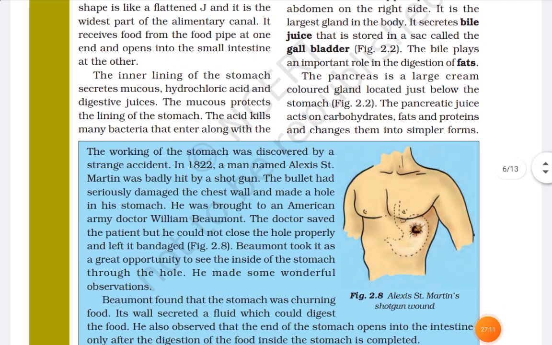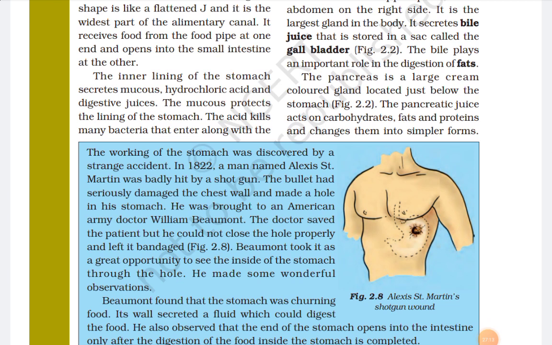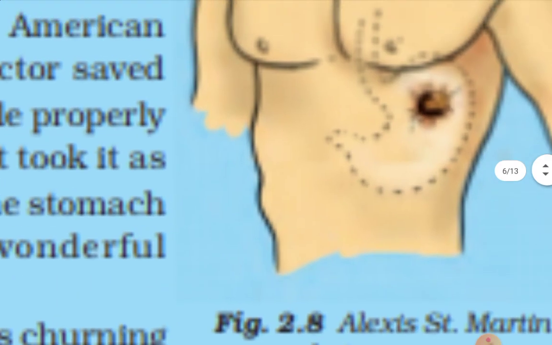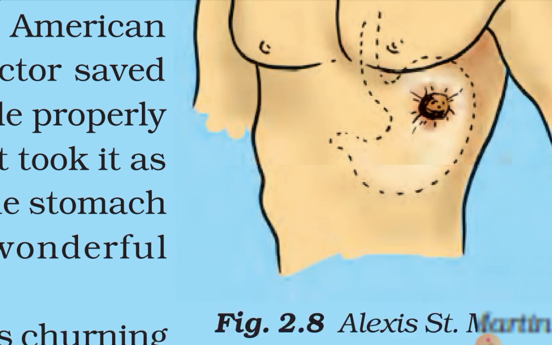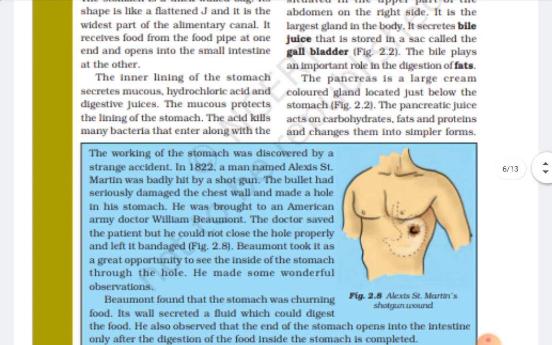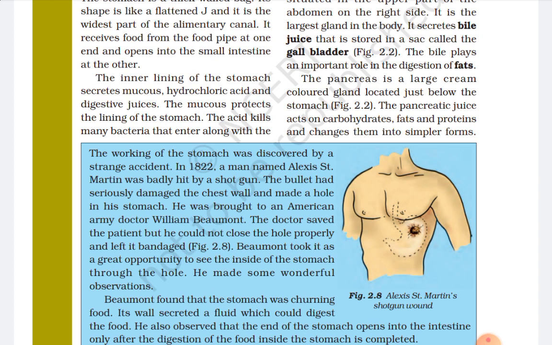The inner lining of the stomach secretes mucus. The inner lining, you can see the dotted area, this is the inner lining of the stomach. It secretes mucus because many strong acids are in our stomach, and mucus protects the inner wall from the hydrochloric acid and digestive juices.